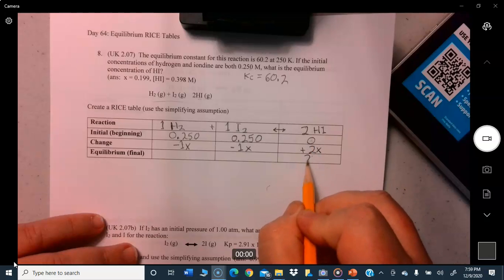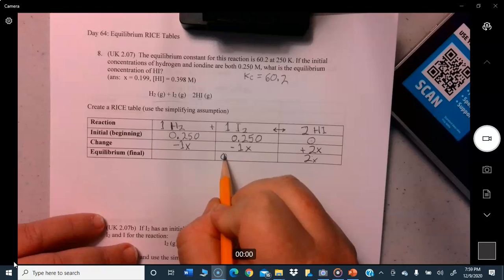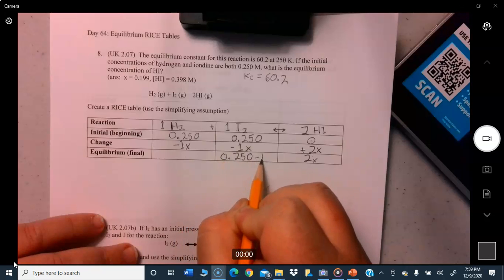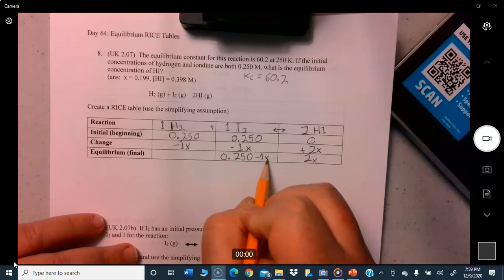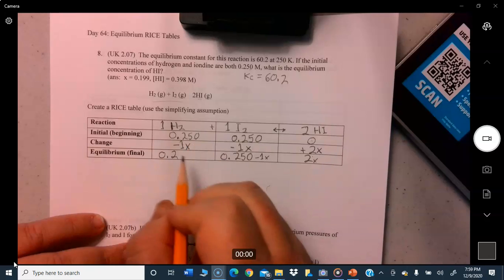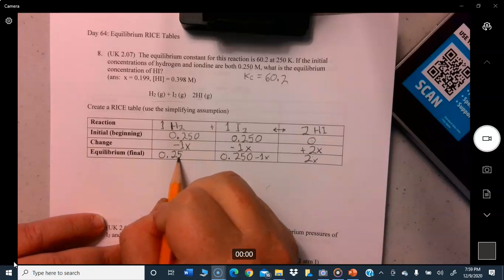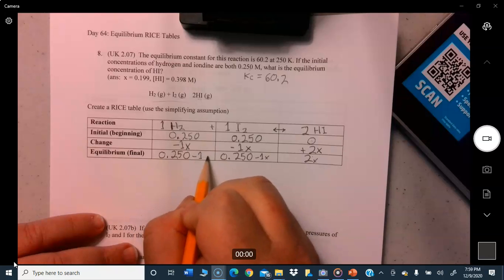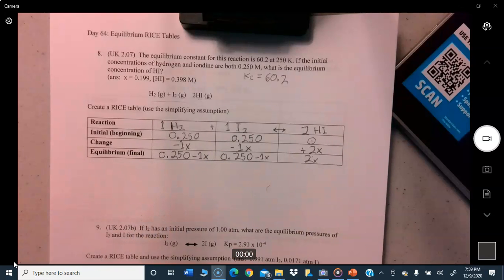So 0 plus 2x is 2x. 0.25 minus 1x. Same thing here. The fact that those are the same is going to make this an easier problem mathematically. You'll see that coming up. Okay, so there's in algebraic form what your equilibrium concentrations are.